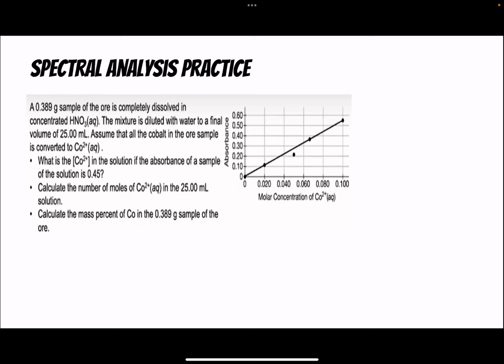If the absorbance of the sample is 0.45, we go to 0.45 and go all the way over here. I kind of have it drawn out. Oh, it's uneven, so it's not where it's supposed to be. You go to 0.45 and your concentration should be right about here. So 0.080 is our concentration of the cobalt ion.